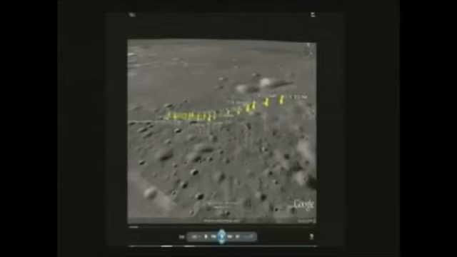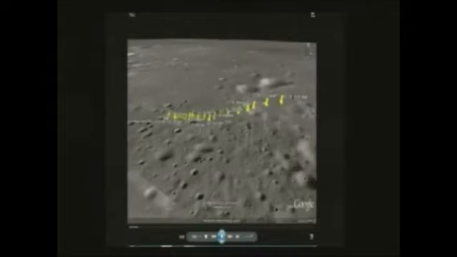Google Moon allows you to take a perspective of the picture. This picture, the image in front of you, is a perspective, but all the images taken by the satellite are vertical, straight down. So Google allows you to take a vertical image and convert it to a perspective as you see on this image.